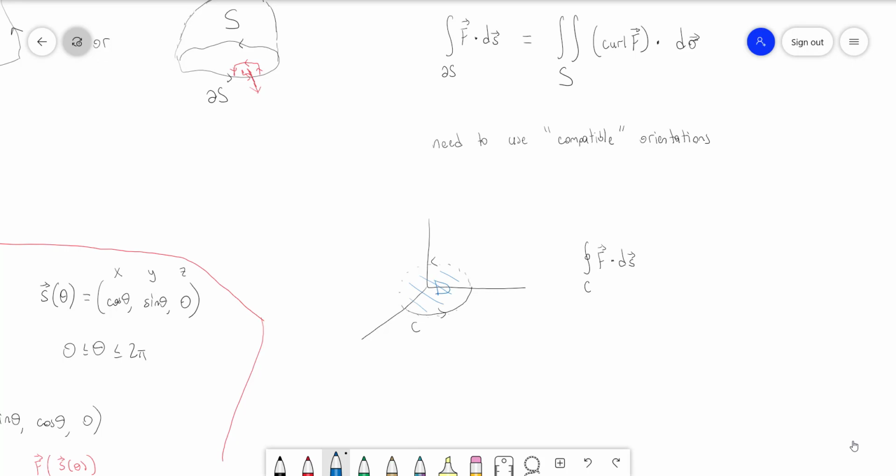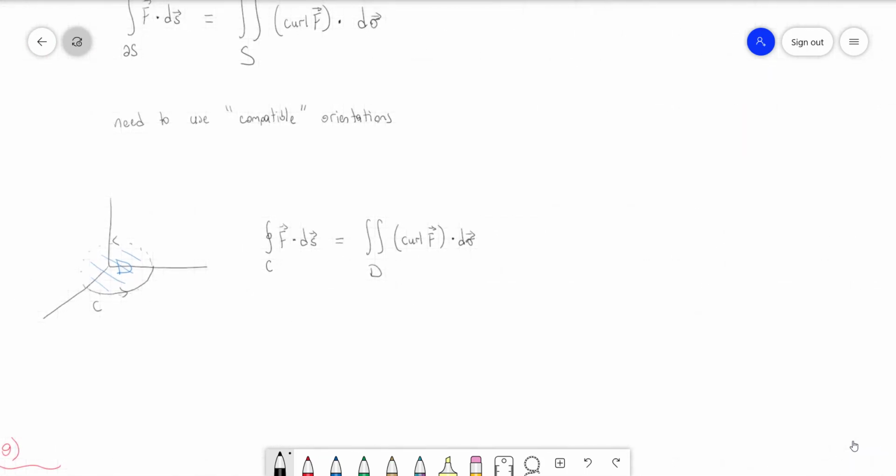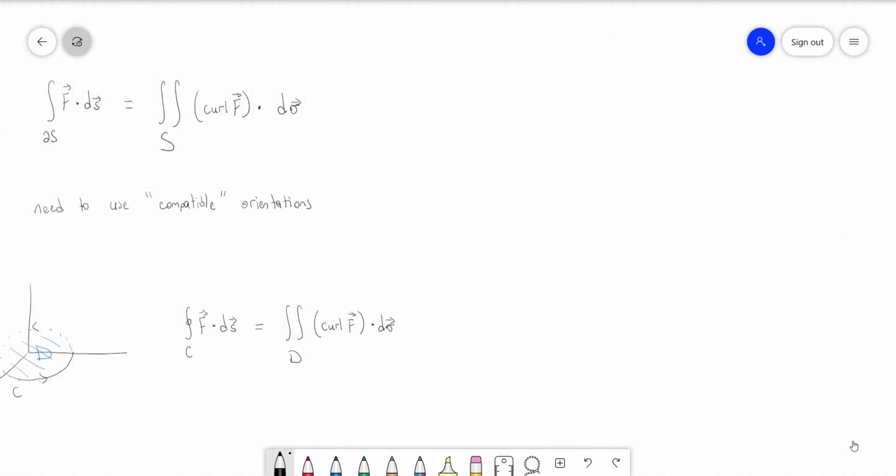Let's call that D, that disk. So then we could say that this line integral should be equal to the flux integral over that disk in the xy plane of the curl of vector field f. Okay. So let's go ahead and just compute what the curl of f was first. And then we'll take a look at how to set up the flux integral after that.